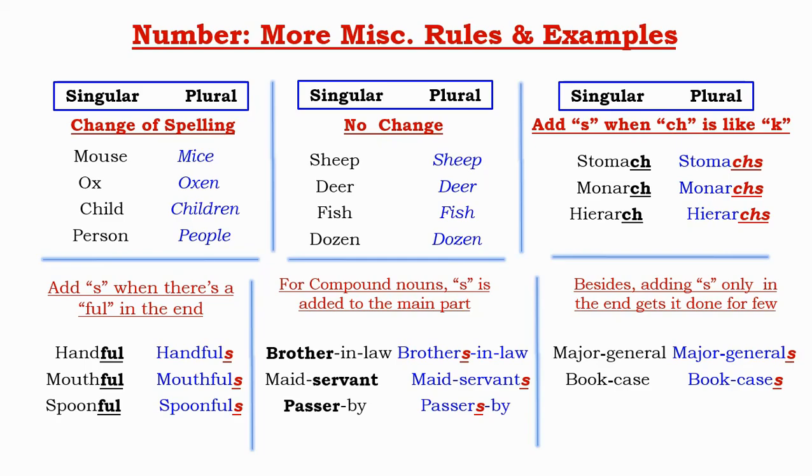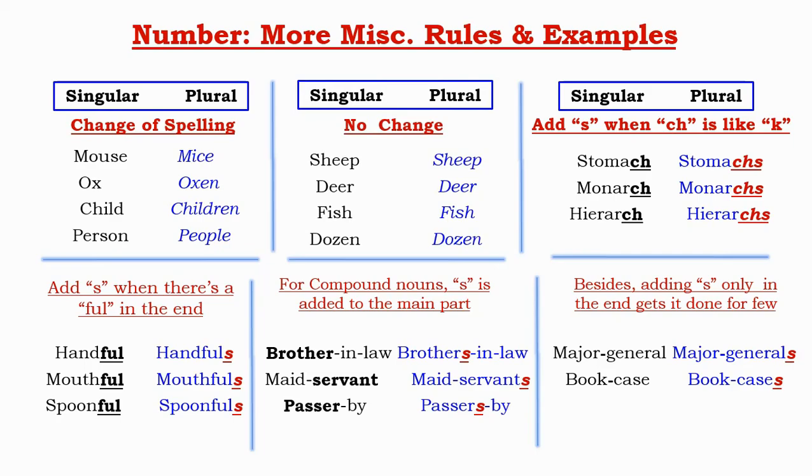Number 1, there are noun words which are made plural by changing the full words, such as mouse becomes mice, ox becomes oxen, child becomes children, etc. Number 2, there are some words for which there is no change from singular to plural.